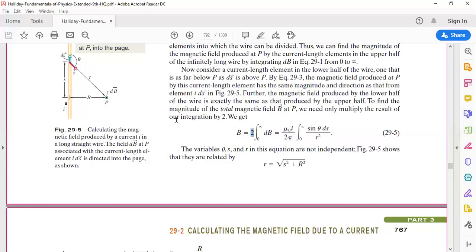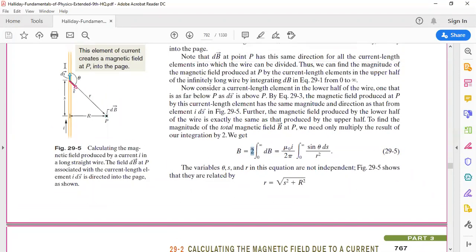Without this 2, we have taken the point P and the upper portion of this wire ds, this one, and here we apply the symmetry.